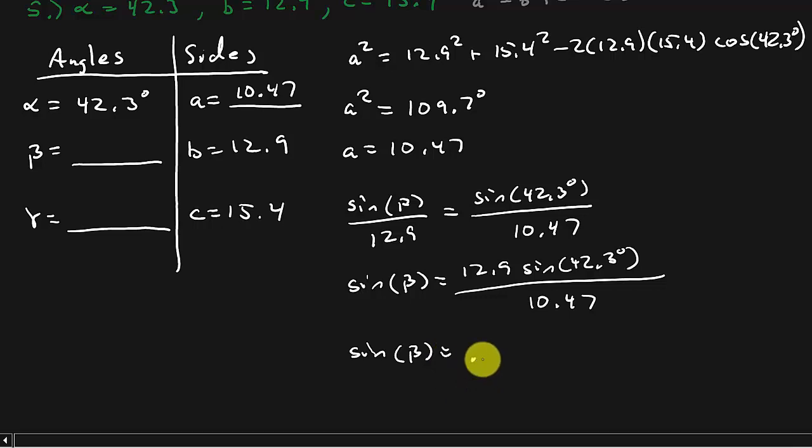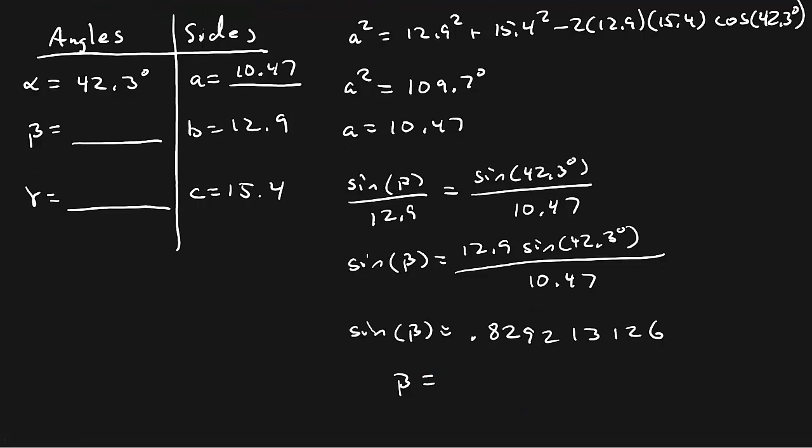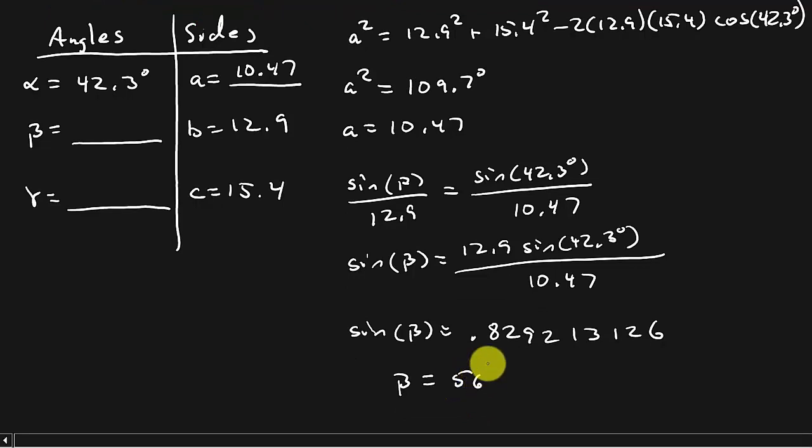And so that is 0.8292133126. And so beta, if I do the inverse sine of that, gives me 56 and some decimals. I'm just going to go ahead and round this to 56 degrees.